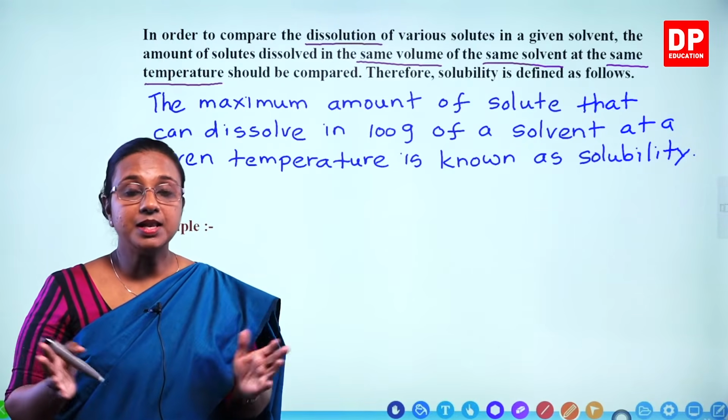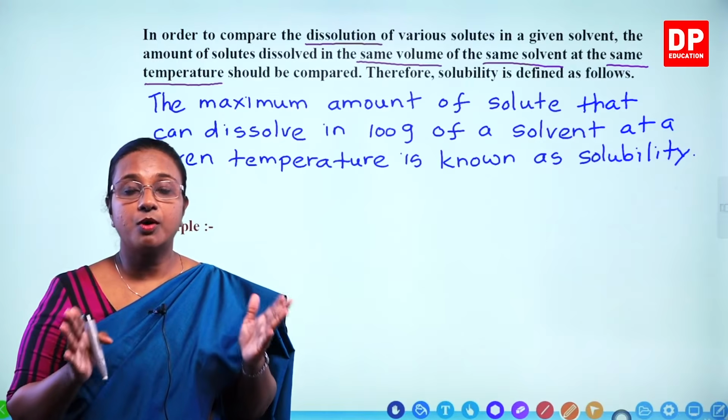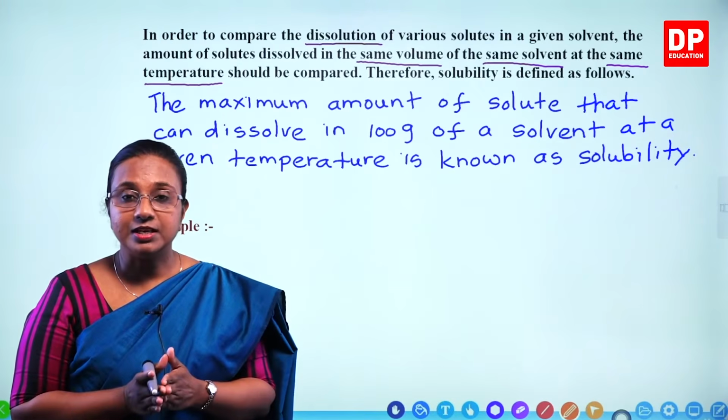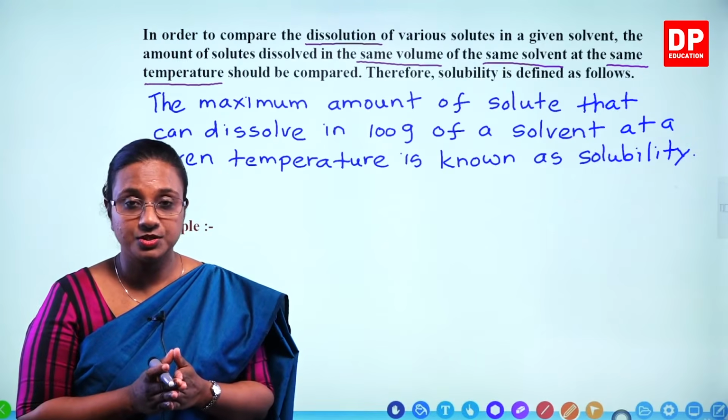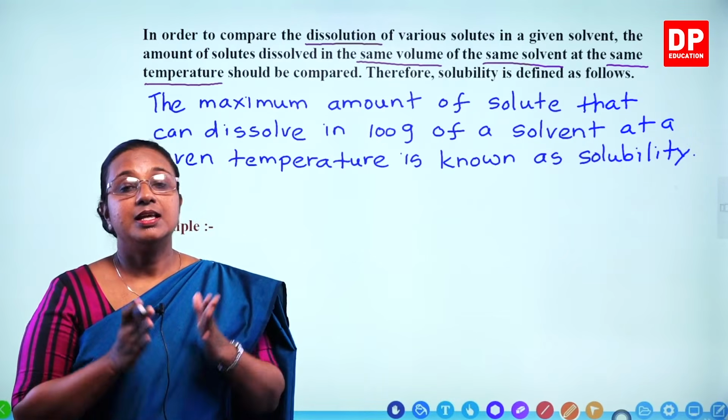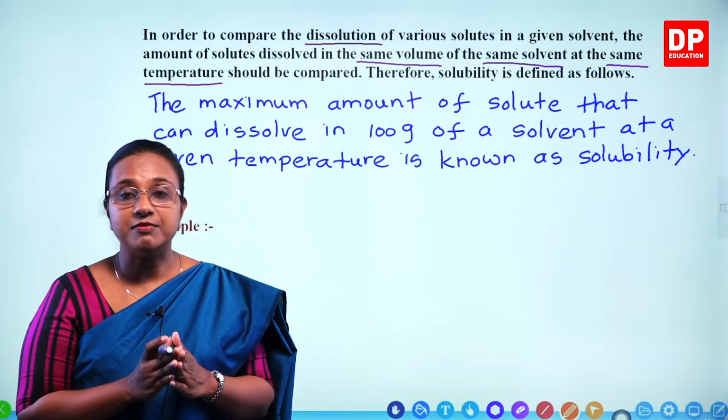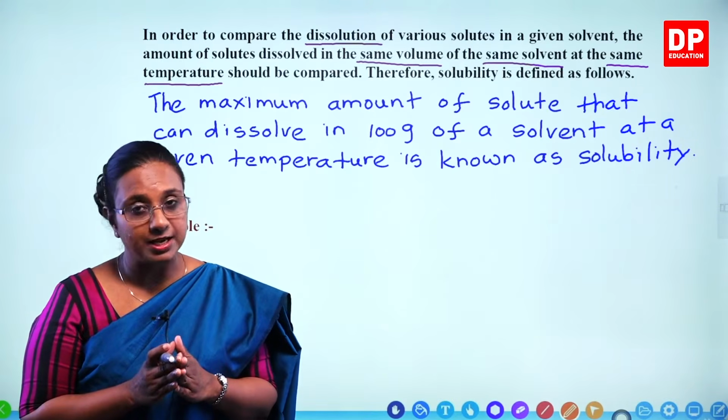For example, we take 100 grams of water, say at 25 degrees Celsius, and we dissolve different solutes. Then you will see that different solutes have different solubility values.